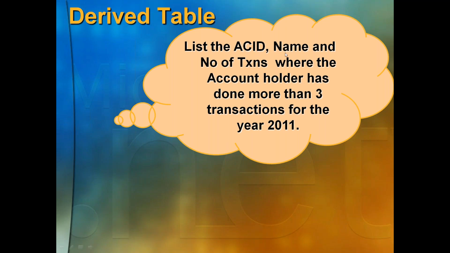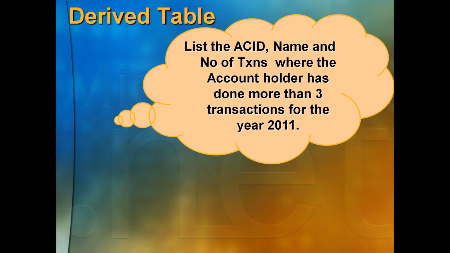Because account ID and name are available in the account master table, and the number of cash deposits and cash withdrawals are called the number of transactions. So this has to come from the transaction master table where the account holder has done more than 3 transactions. After counting it, you need to do some elimination with the help of a having clause. Then for the year 2011, the date of transaction is available, so that also has to be there, and you have to eliminate the data. Am I clear?